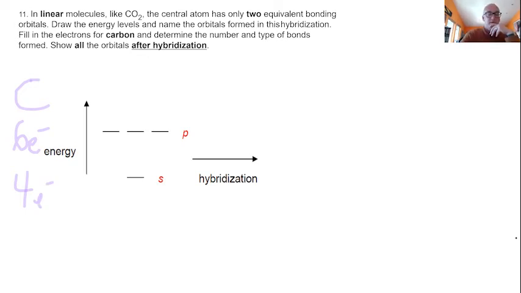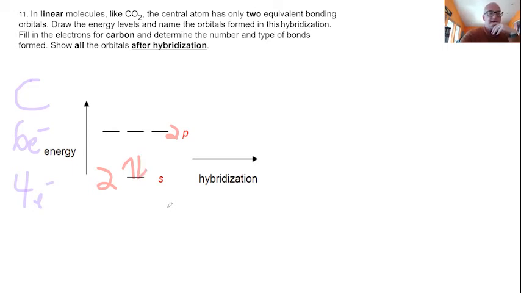So where do we put the first one? So this is 2s and 2p. Where do I put the first electron? 2s. And the second one? 2s. Yep. And then the next one?